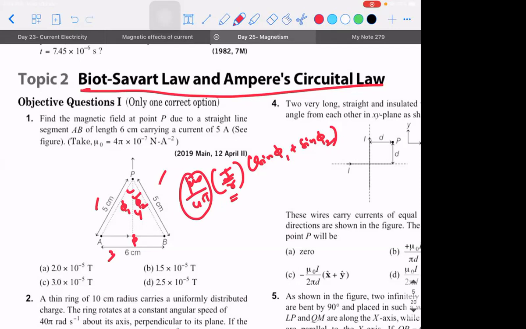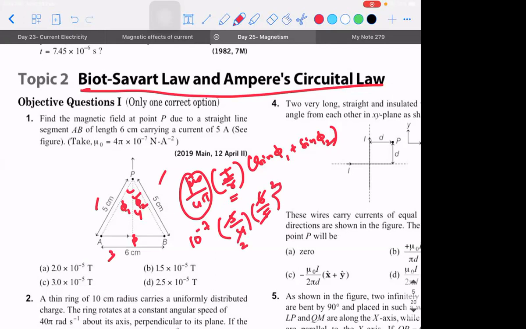Okay, mu naught by 4 pi is 10 power minus 7, into I, which is given as 5, divided by 4, into sin phi 1, which is 3 by 5, plus 3 by 5, that is 6 by 5. The 5 and 5 are gone, 2 times 3 times 2, so 1.5 into 10 power minus 7.